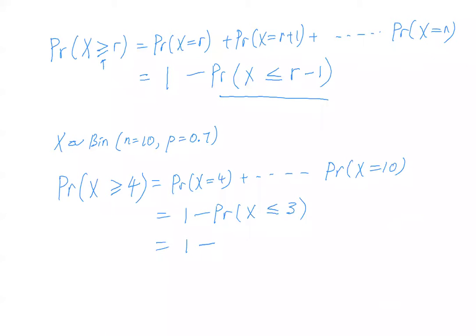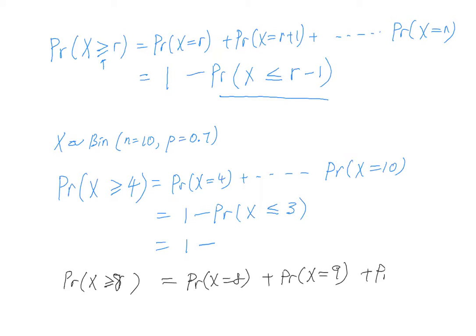If I do it the other way, I put here 8, so probability of X equal to 8 plus probability of X equal to 9 plus probability of X equal to 10.